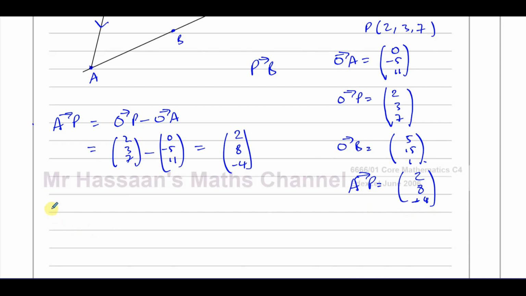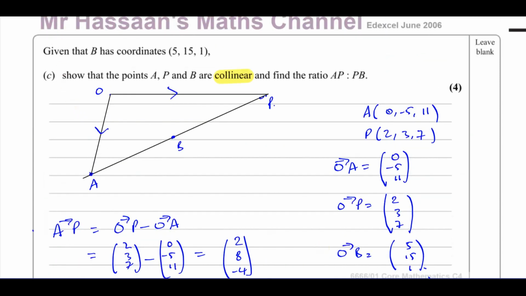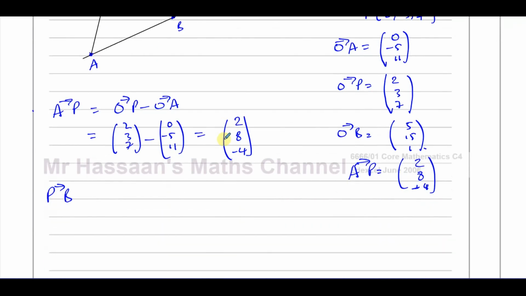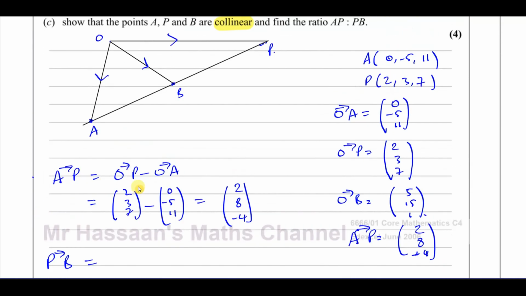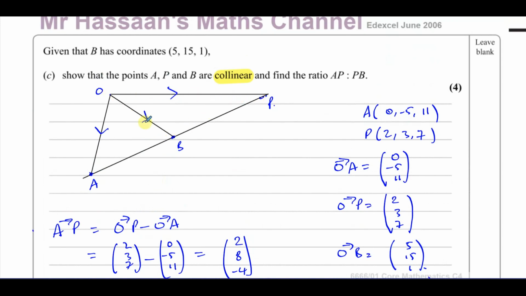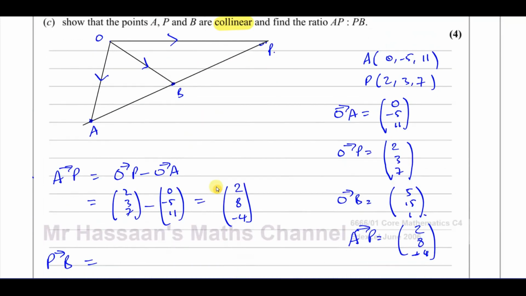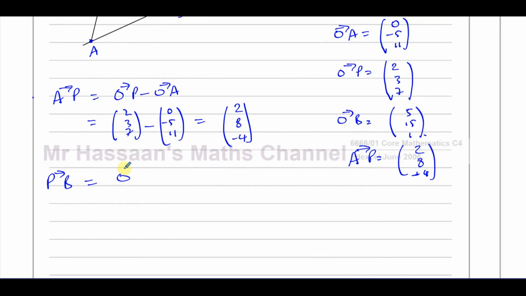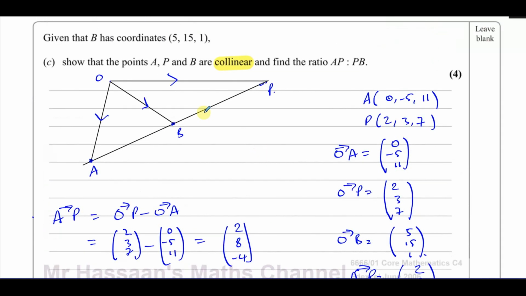A to P is 2, 8, and negative 4. Now we're going to find the vector P to B. If you want to go from P to B, we've got to go from P to O and then from O to B. So P to B is going to be minus OP plus OB, so OB minus OP.